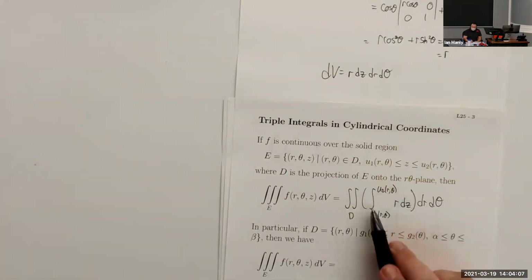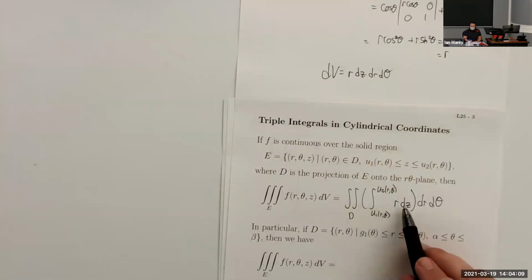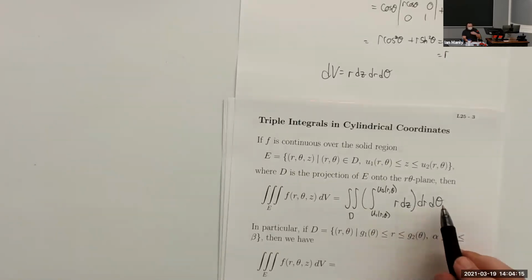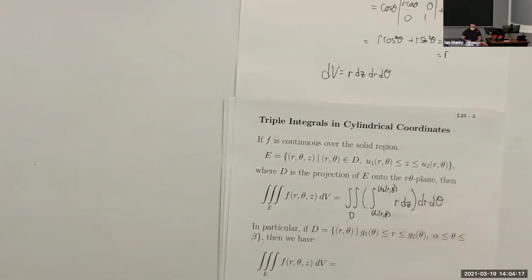So effectively, we do this integral with respect to z first, and then once we're finished with that, we just go back to doing a polar double integral, which we already have experience doing here.